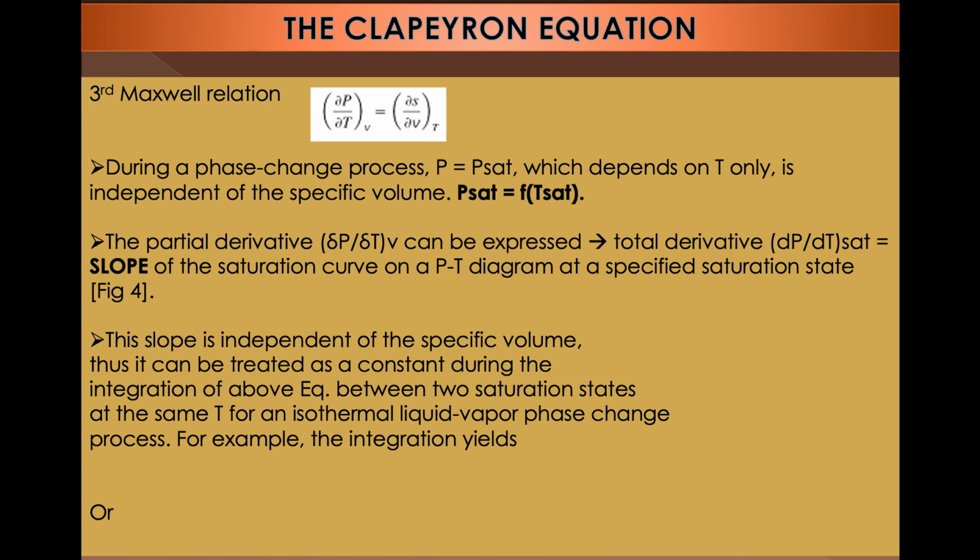So we can understand that the saturation pressure is a function of the saturation temperature, and the partial derivative (∂P/∂T) at constant V can be expressed as the total derivative (dP/dT) saturated, which equals the slope of the saturation curve on a PT diagram at the specified saturation state.